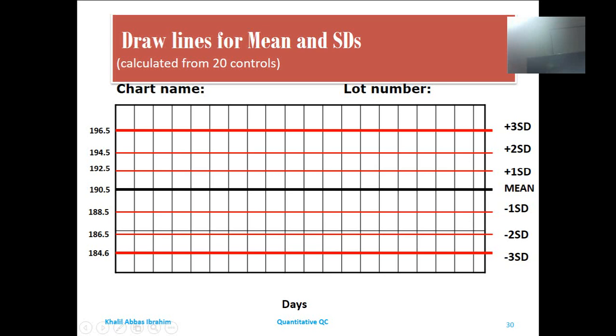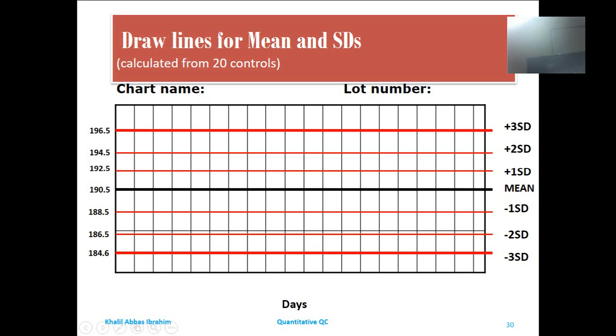Then you add one value of standard deviation to the mean, so you will obtain this line above the mean, which is plus 1 standard deviation, and in step 3 you subtract that value of standard deviation from the mean, then you obtain minus 1 standard deviation.